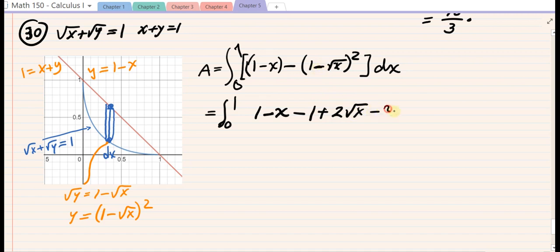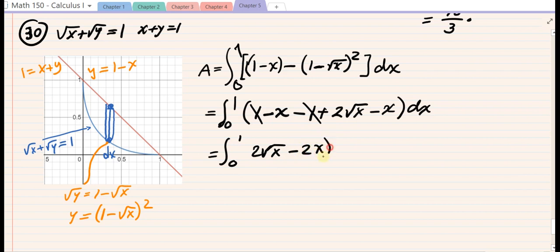Negative in front makes it negative x. Root x squared is just x. And then dx. And let's work this one out. Combine like terms. So 1 and minus 1 add to 0. So this becomes just 2 root x and a minus 2x. The x's become like terms.